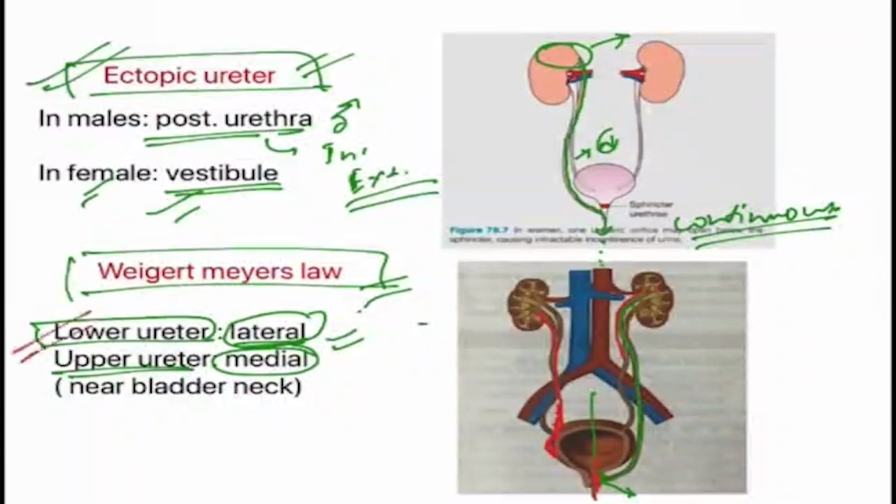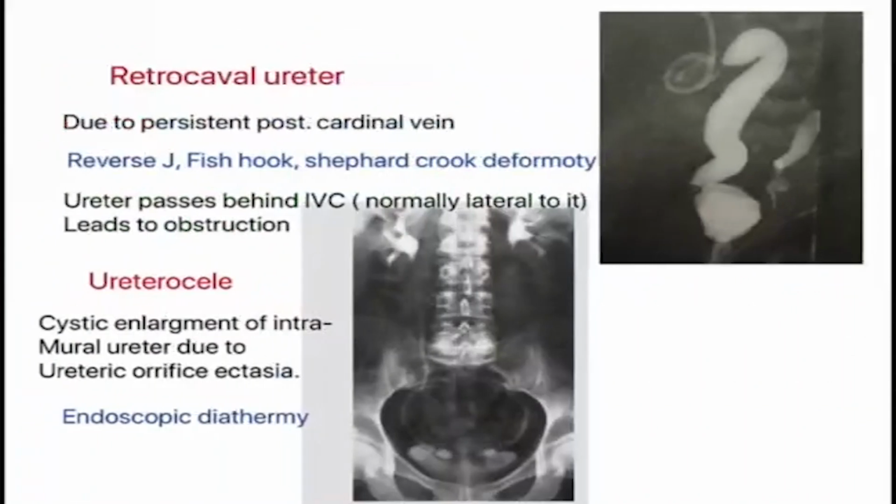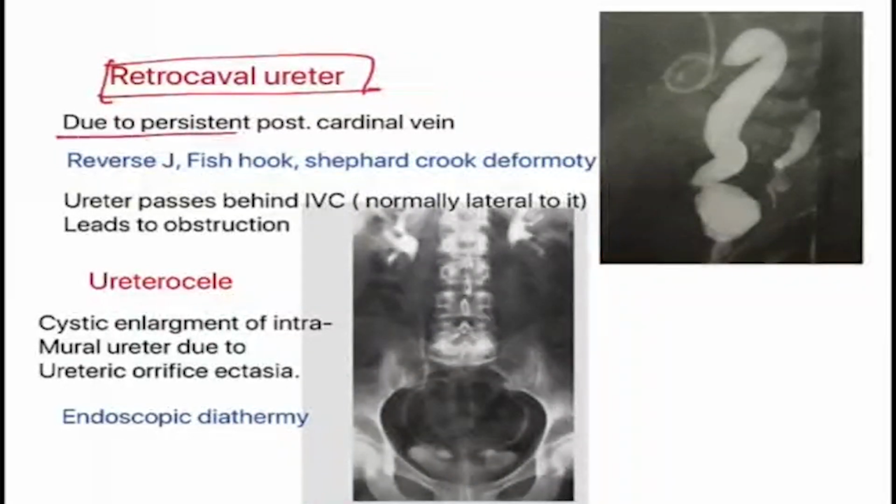So lower ureter lateral opening, upper ureter medial opening near bladder. This is the Weigert-Meyer law applicable on ectopic ureter as well as duplication of ureter.